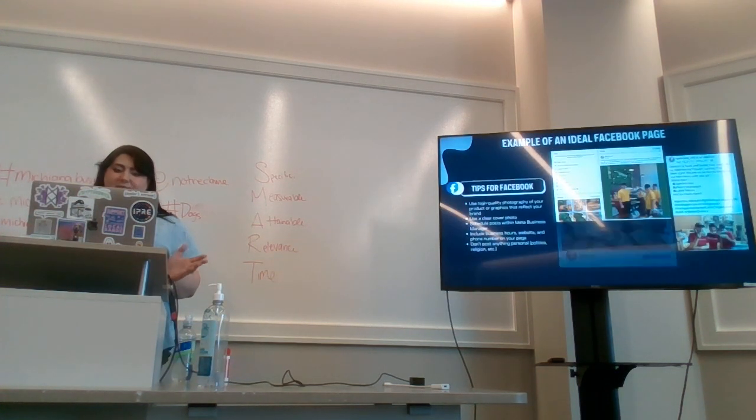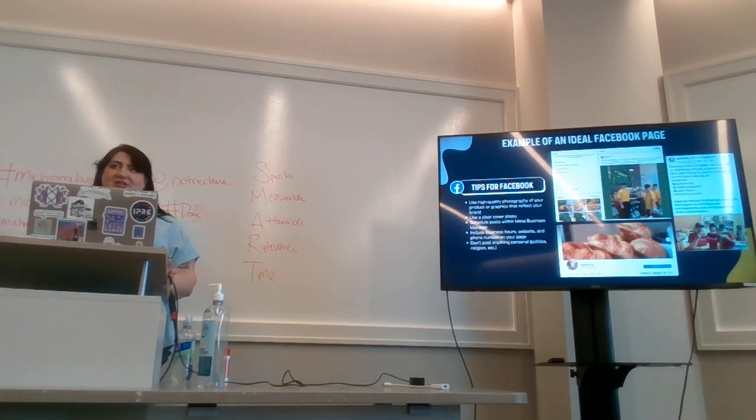So, an example of an ideal Facebook page. Now that we've talked about how to do a post and think about setting goals in our audience, we're going to look at what an ideal page looks like. We're going to use high quality photography to reflect our brand. You are doing yourself the biggest disservice if you use bad photography.